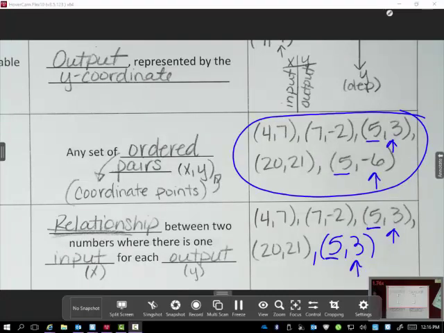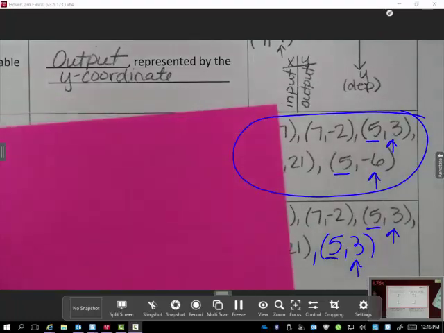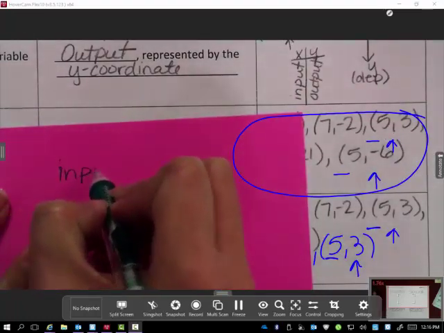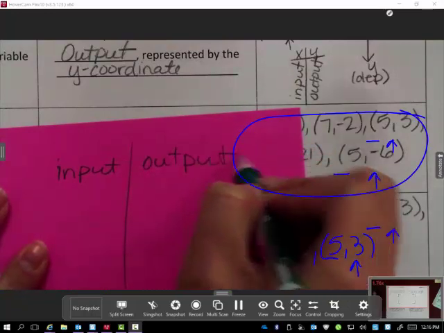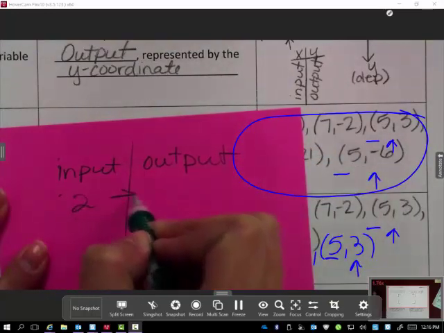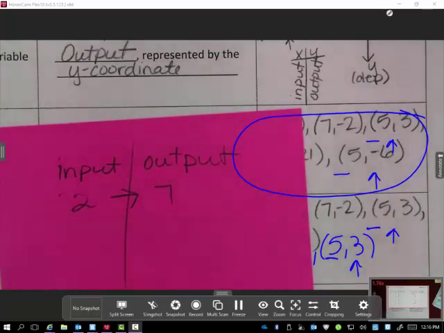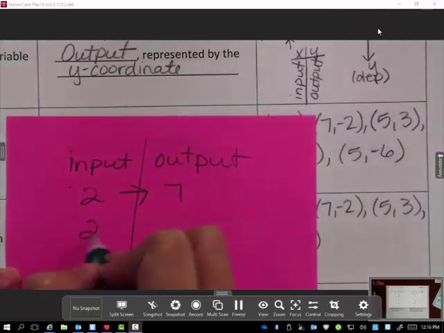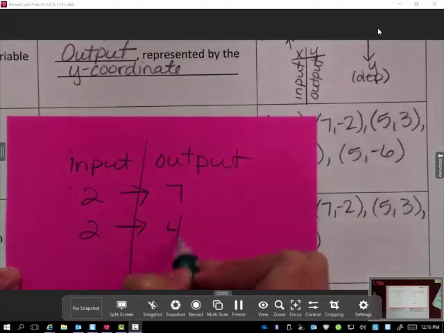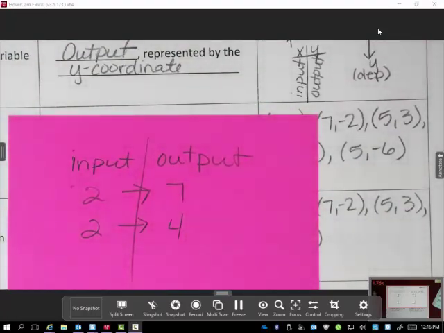So, if I look at this right here, let's say here's some inputs and here's outputs. Let's say I input 2 and my output is 7. You don't have to write this down. Okay, and my input is 2. Can my output be 4?